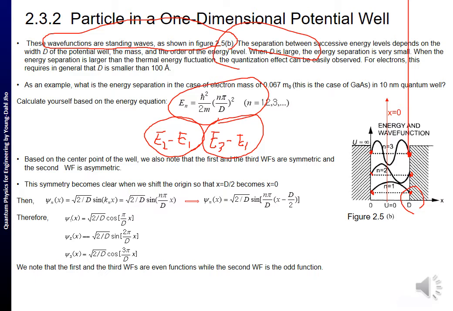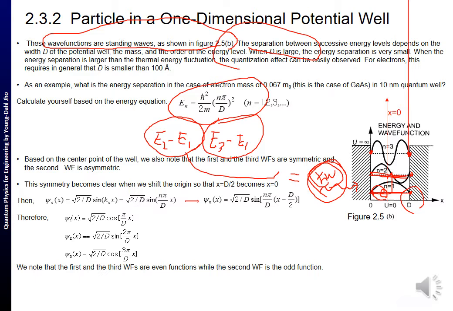For example, if the electron is located here in semiconductor materials, and then we apply certain light excitation, and if the energy of the light happens to be the same as E2 minus E1, sometimes this electron is excited into n=2, and this process includes the absorption of light.